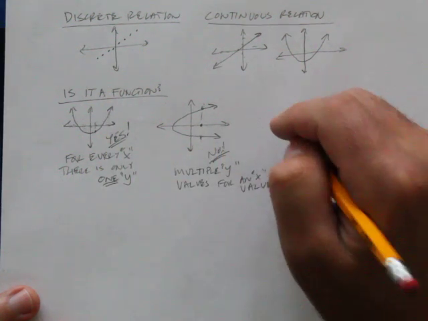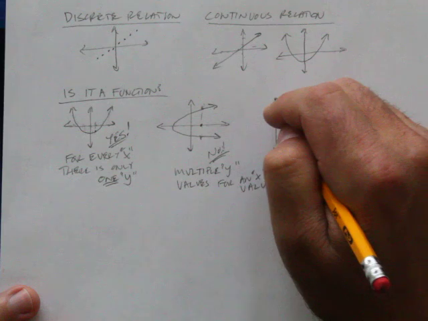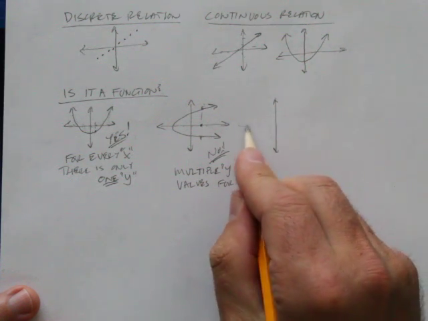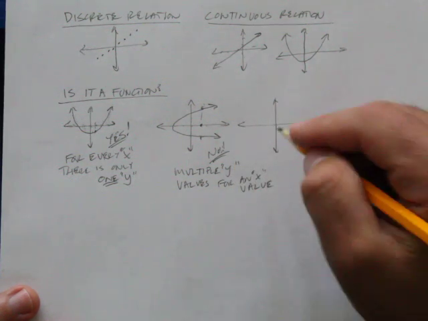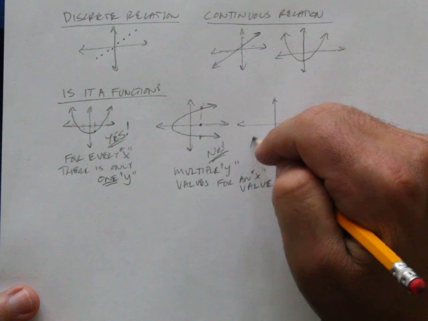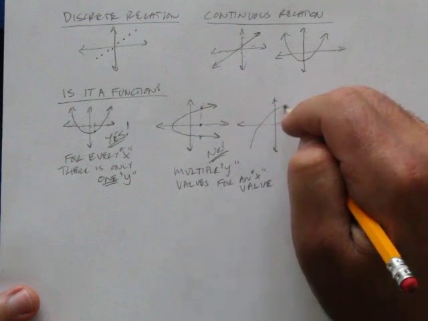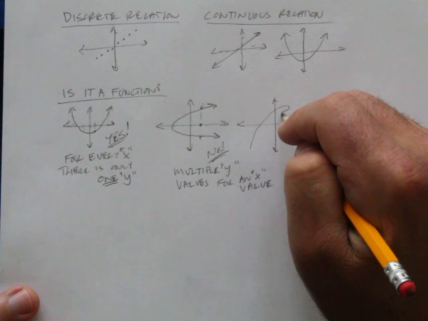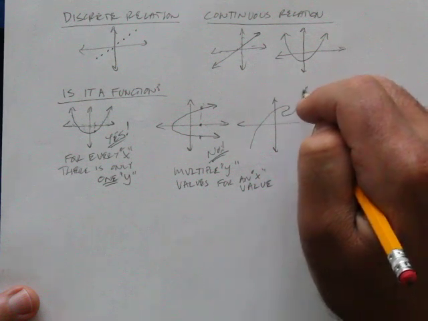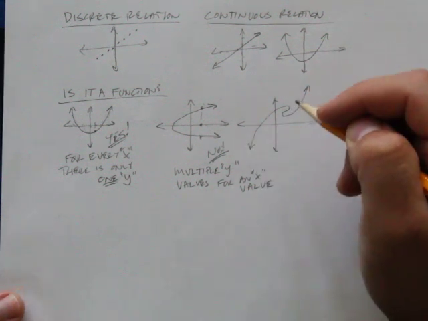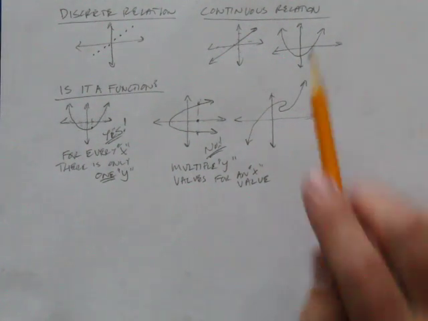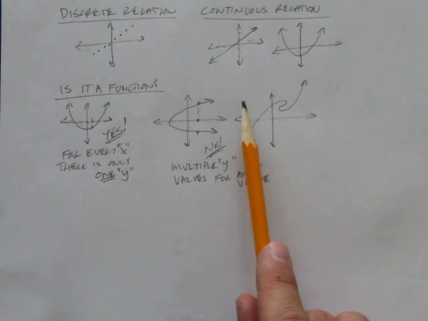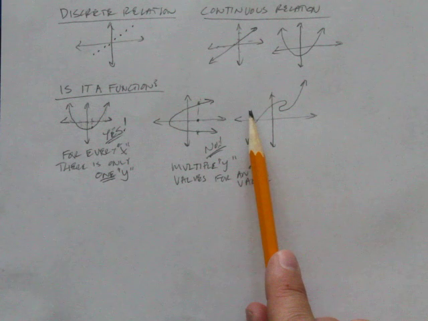Now let's look at one more. Let's see what we think about this one. This curve starts down here at the bottom, goes over here, twists around like this, and then goes up like that. So is this a function? If I were to do my horizontal line test, everything looks fine here.